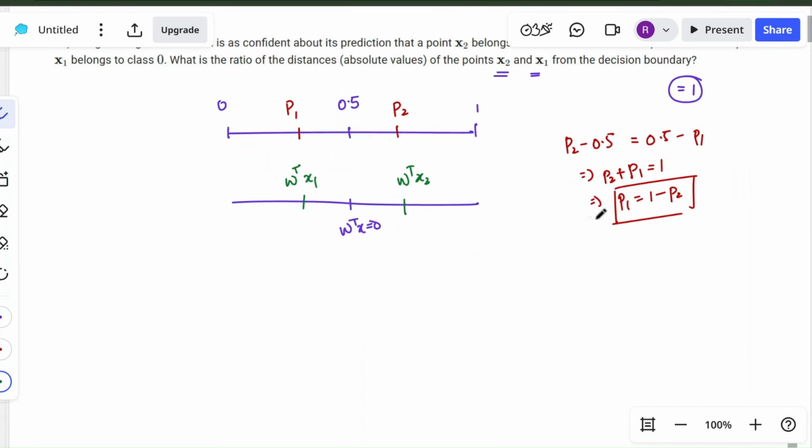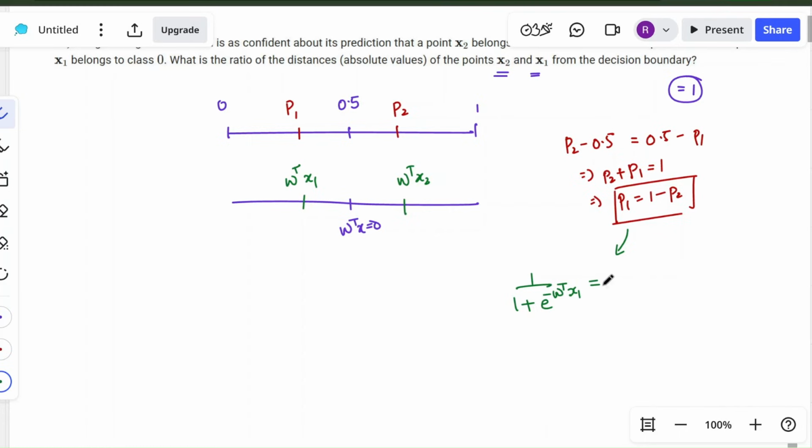See, what does this mean? So P1 is what? It is 1 by 1 plus e to the power minus W transpose x1, right?